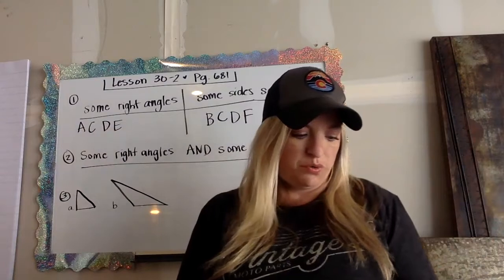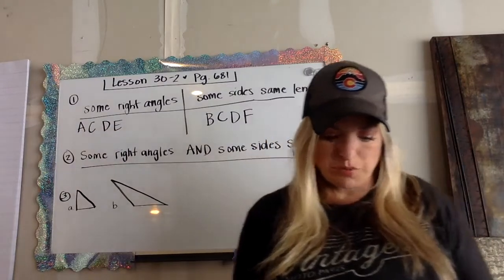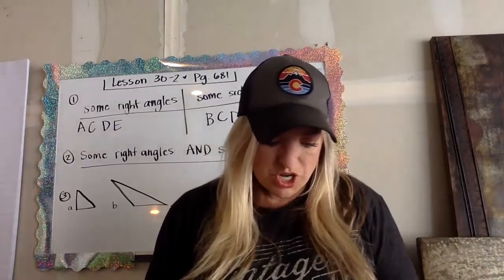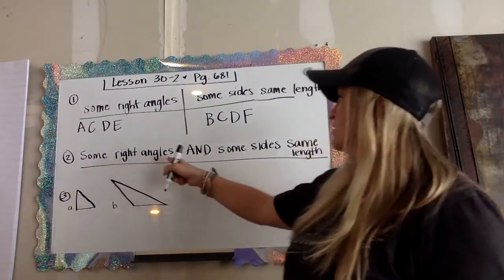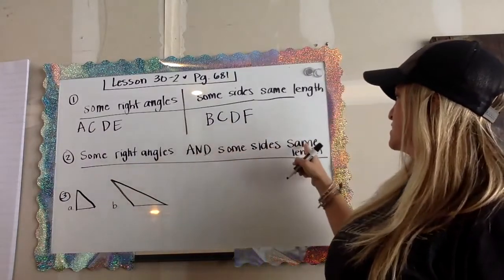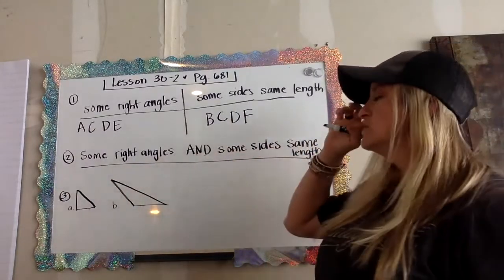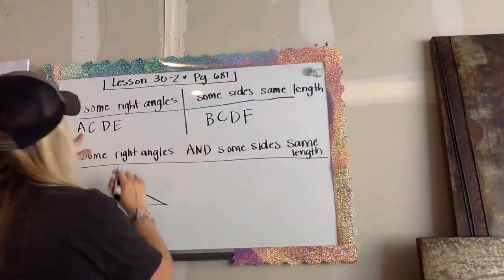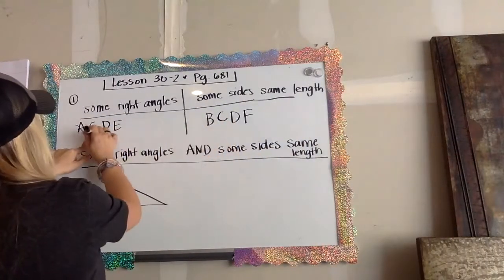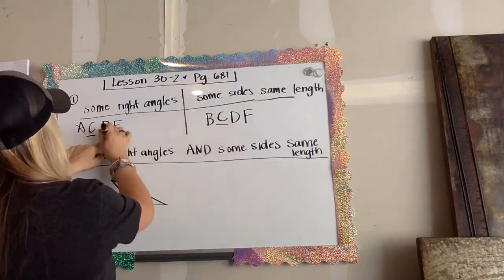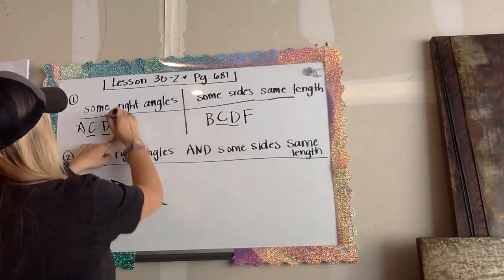Now, number 2, use your answer to problem number 1 to choose the shapes that belong in the group below. Well, what's the group below? Some right angles and some sides with the same length. So you're going to go through here and see, is A over here? No. Is C? Yes. Is D? Yes. Is E?